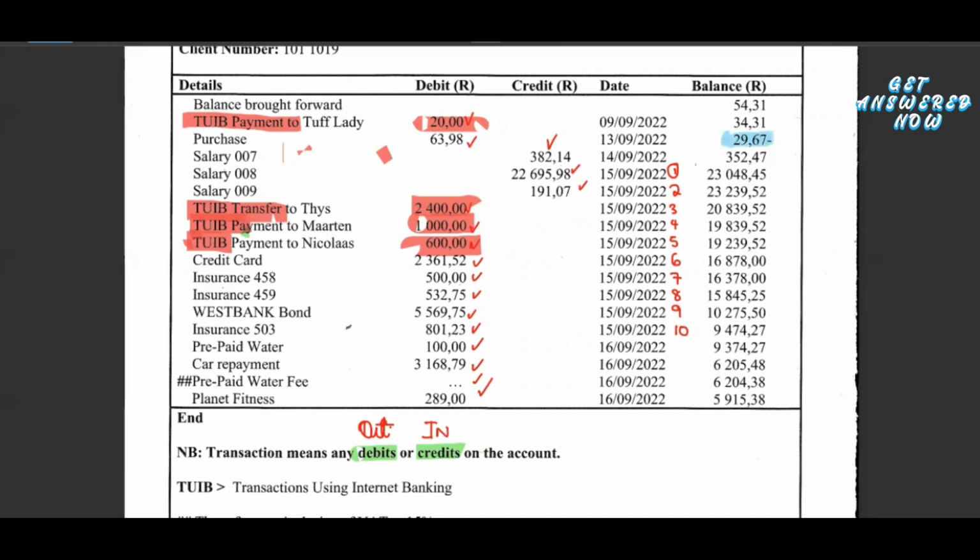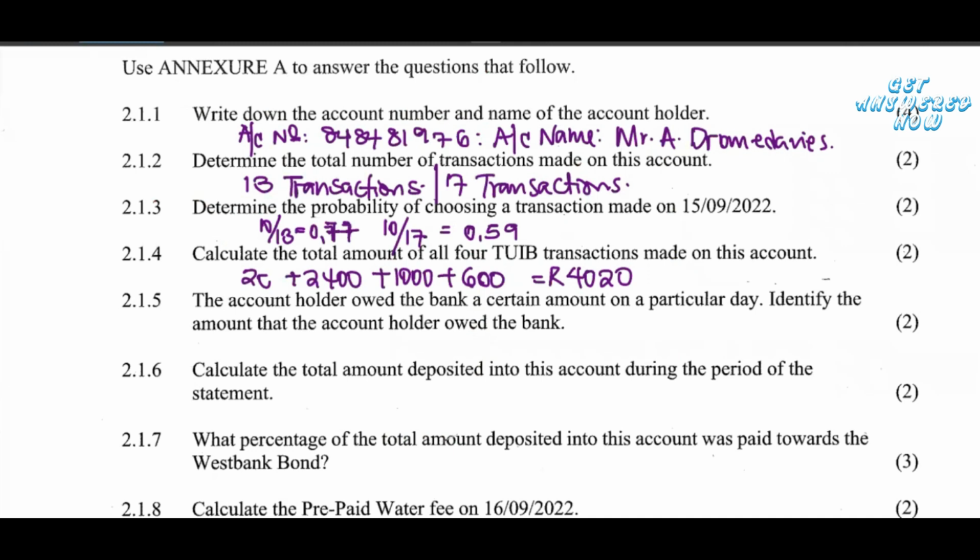The person had 34 rand 31 cents in their account, and they made a purchase of 63 rand 98. Simply meaning the bank covered it, because it has a negative there. Look at that. So the amount is 29 rand 67 cents.